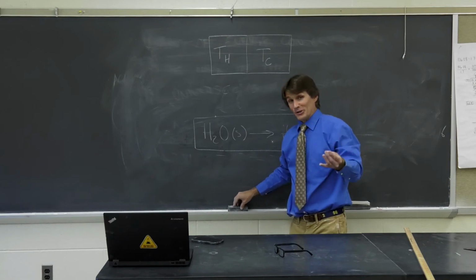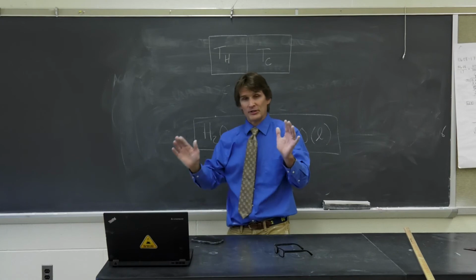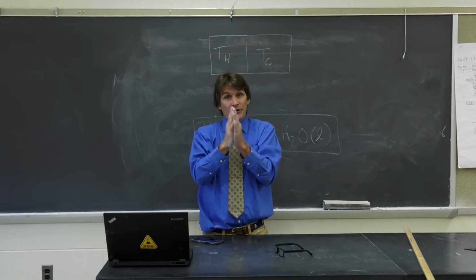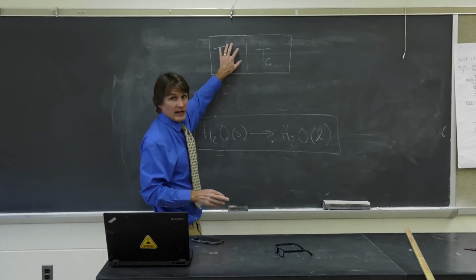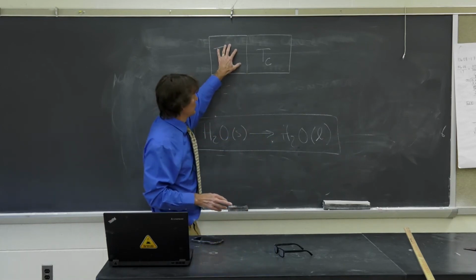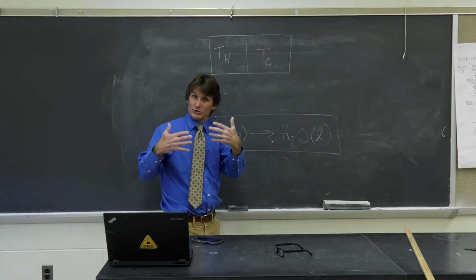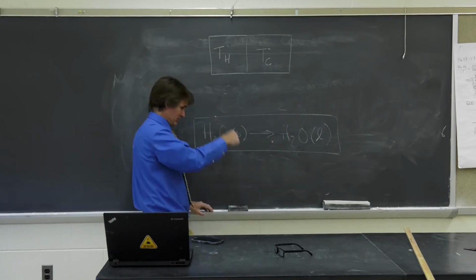The way it works, the way the universe just happens to work, is if I take two objects at different temperatures, the energy is going to flow from the object at a higher temperature to the object at a lower temperature until their temperatures equalize. You don't get temperature running in the opposite direction.